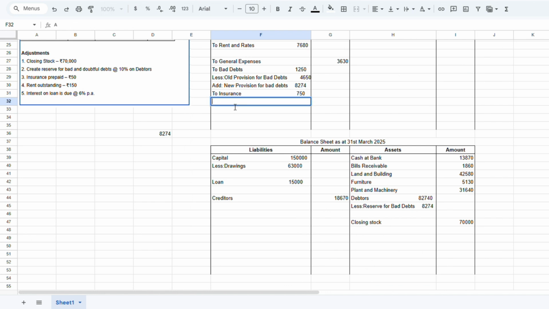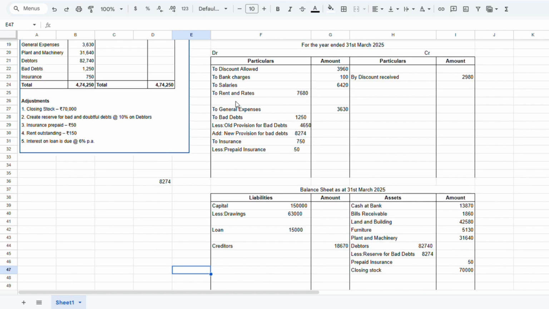So less insurance prepaid, that is 50, and the other is prepaid insurance 50.